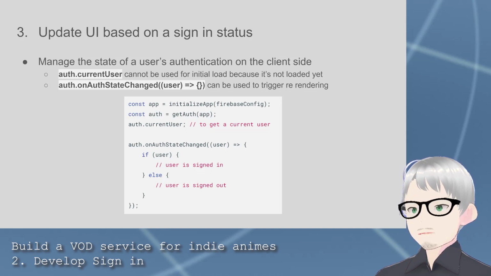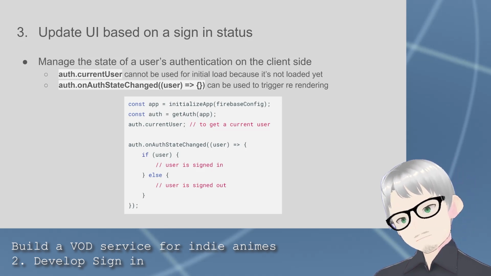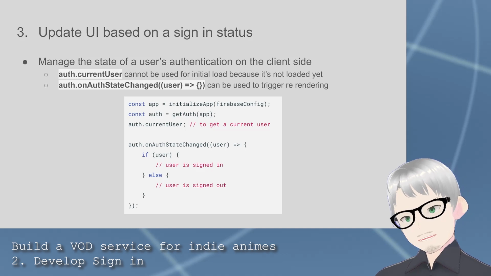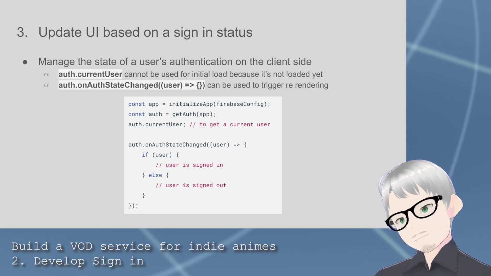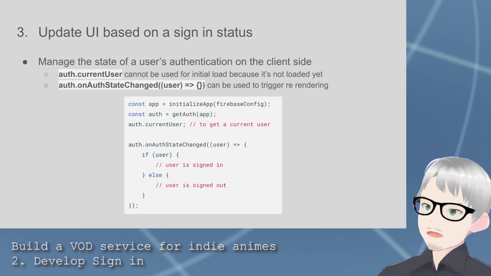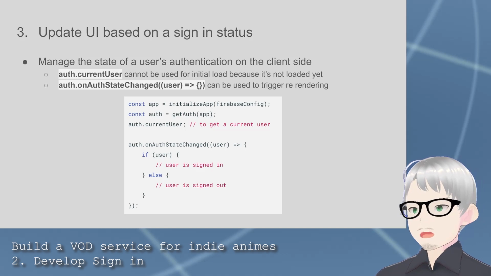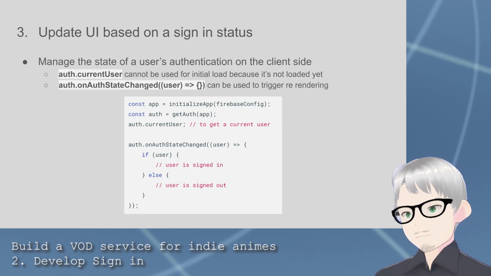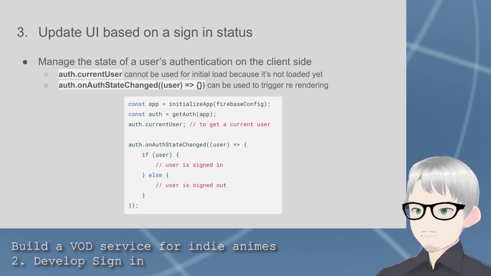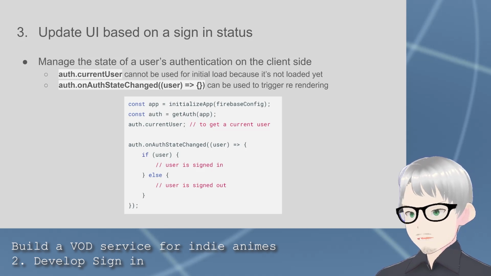So in order to detect whether a user's data is fetched from Firebase or from local storage on the browser, I'm not sure which one, but anyway, we have to use the onAuthStateChanged function. Using this, we can trigger re-rendering of a React component, like a header component, or a page to redirect to another page.